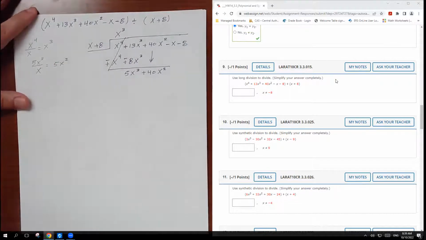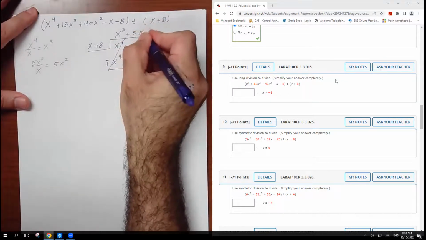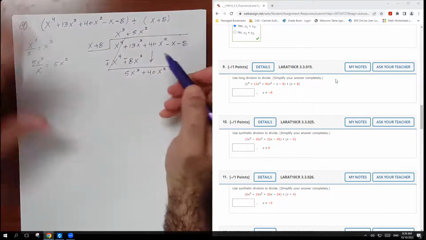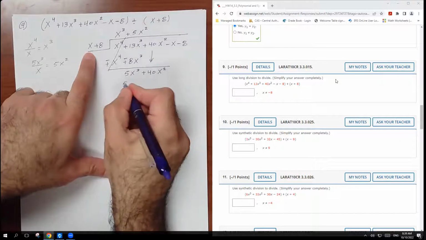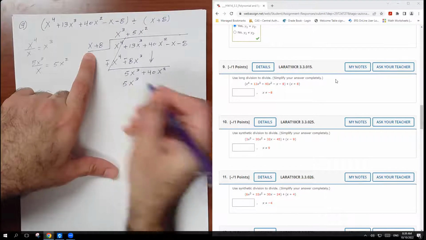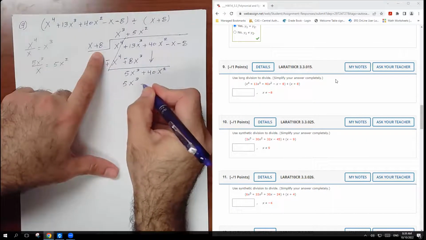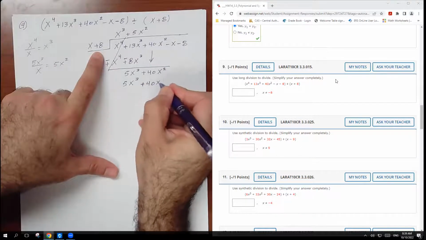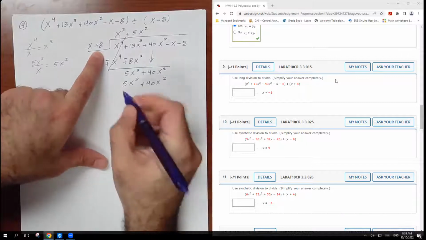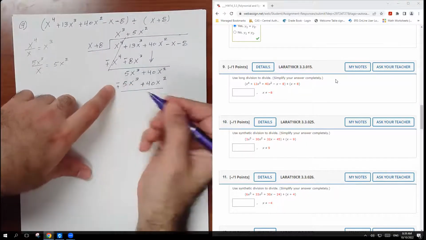So I'm going to write down here plus 5x squared. Now let's multiply. 5x squared times x is going to be 5x cubed. 5x squared times 8 is going to be plus 40x squared.